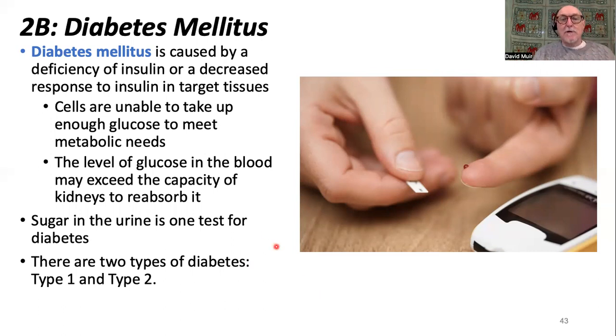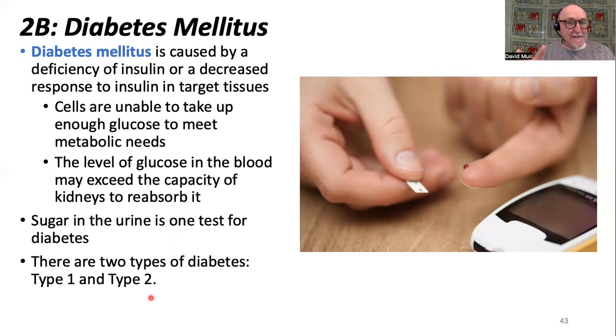And people with type 2 diabetes suffer many of the same effects as type 1 diabetes, and it can be extremely dangerous. But type 2 is more associated with dietary issues. Very often people who are obese, for example, acquire type 2 diabetes, and it's sometimes referred to as acquired diabetes as well.